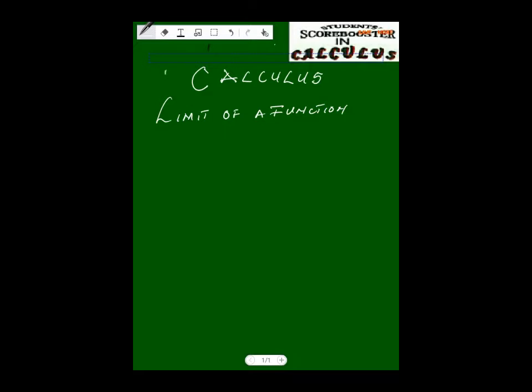So, this is a very important topic and is one of the basics that you need to know before you can go deeper into calculus: the limits of a function.